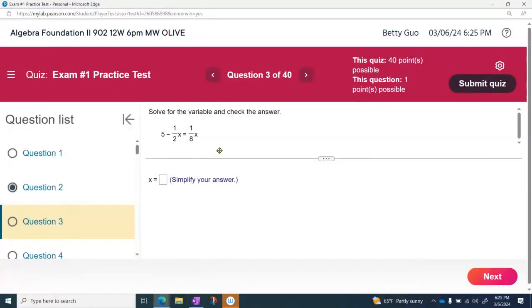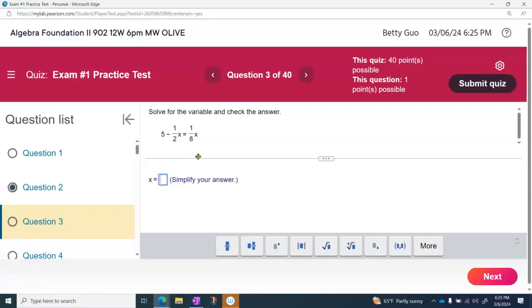Like solving equation problems, I don't think you have an excuse to get it wrong, because you have a calculator. You just plug in whatever answer you have to check, right? You have a way to double check on your own. This is 8. Any questions, guys?